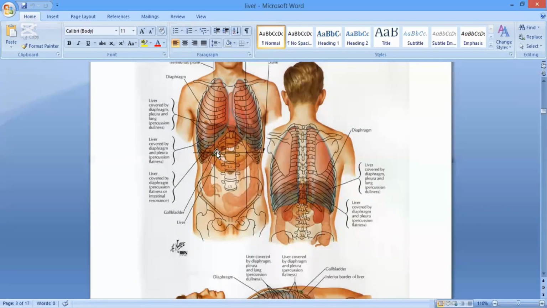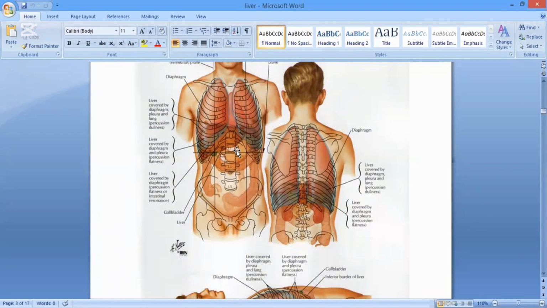So anteriorly, the liver has relations with the diaphragm, which separates it from the pleura, lung, heart and pericardium, and then the right costal margin, the left costal margin, and the costal angle. In between, we have the xiphoid process and also the anterior abdominal wall. Problem तो नहीं है.